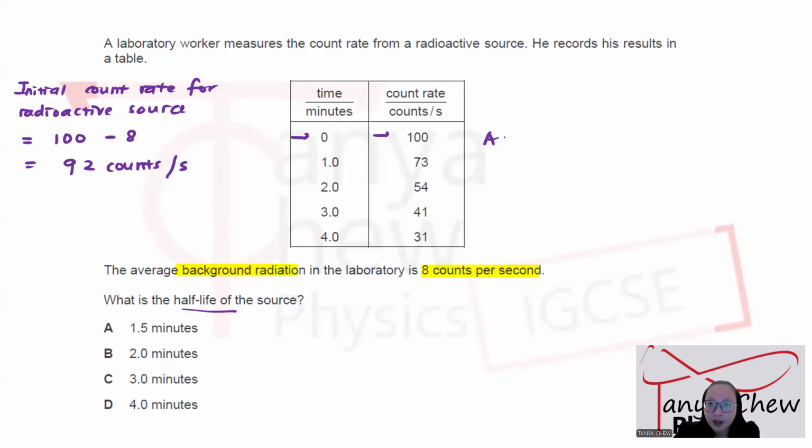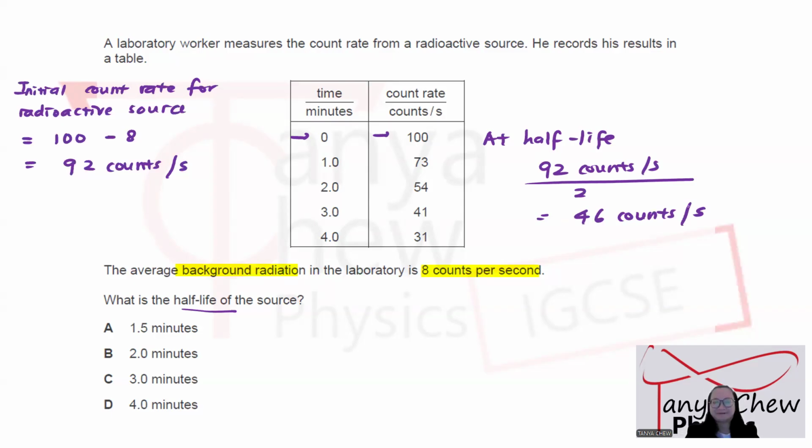So at half-life, 92 counts per second, the count rate must be halved, divided by 2. So when you divide by 2, you get 46 counts per second, right? Remember what I told you?